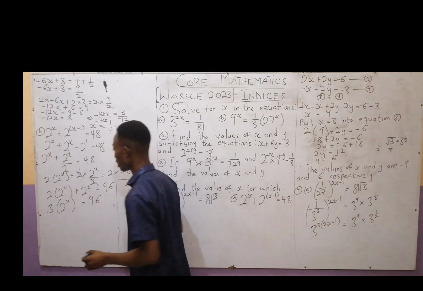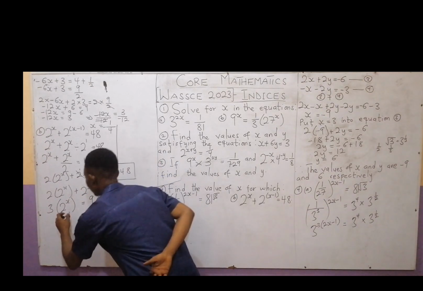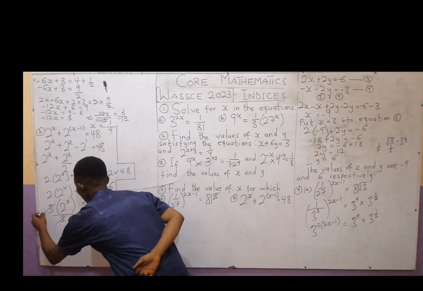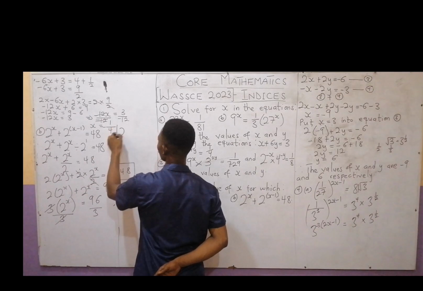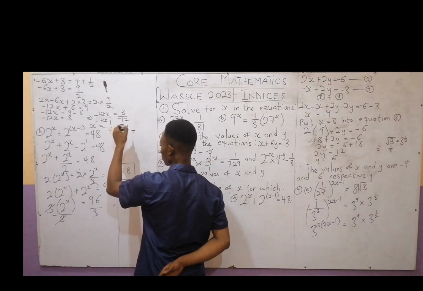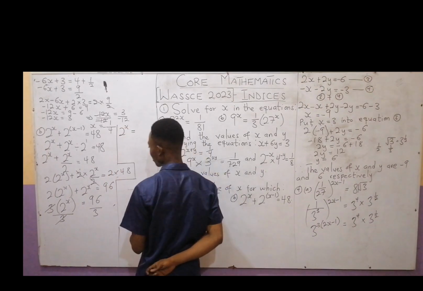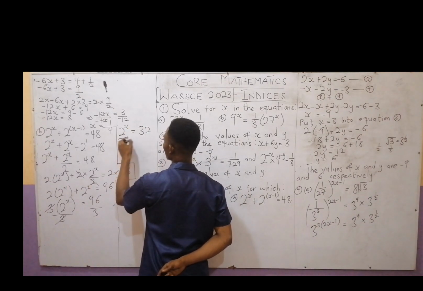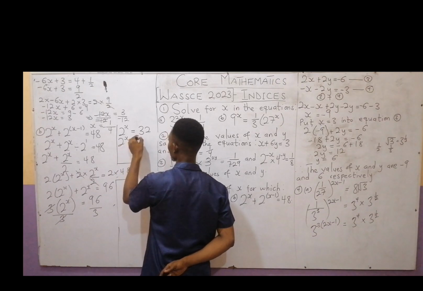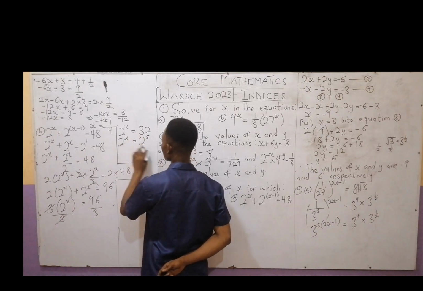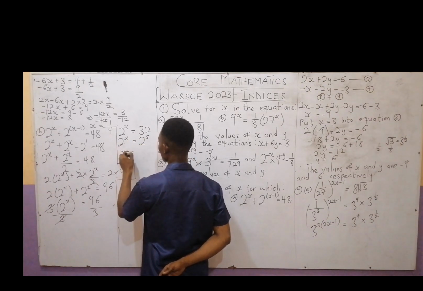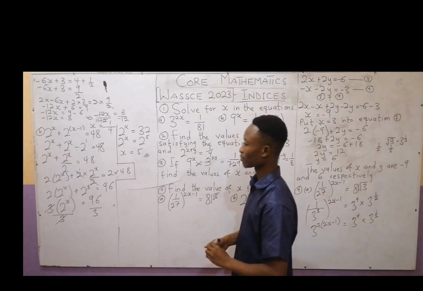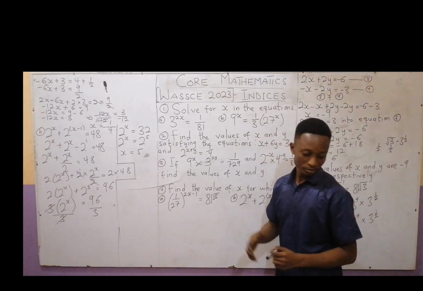Since we want to find x, we divide here by 3, we divide here by 3. 3 will cancel out 3. So I have 2 power x is equal to 96 divided by 3, which gives me 32. So 32 can be expressed as 2 raised to the power 5. Since the bases are the same, we equate the powers. x is equal to 5, and that is your final answer.